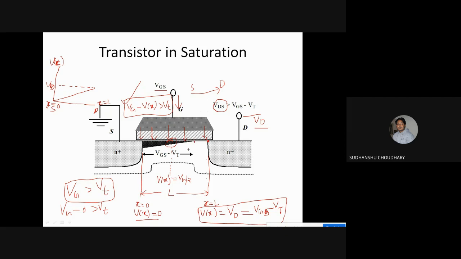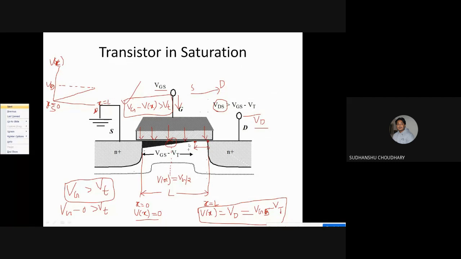Similarly, at this point also, if Vd is greater than VGS minus Vt, you will not see any channel. In this entire range from here to here, if Vds is greater than VGS minus Vt, this condition will not be fulfilled, and then you will not see any channel.